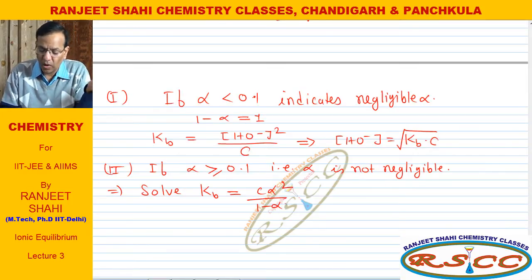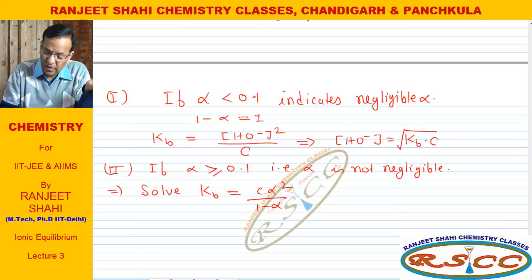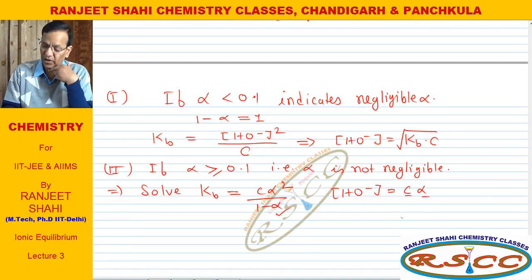It is a quadratic equation in alpha, so Kb will be given, C will be given. Solving this expression, we find out alpha, and then we determine concentration of hydroxide ion, which is equal to C alpha. C will be given, alpha will be determined by solving the quadratic equation. Once hydroxide ion concentration is known, taking negative log of this will give the pOH, and subtracting that pOH from 14 will give the value of pH.